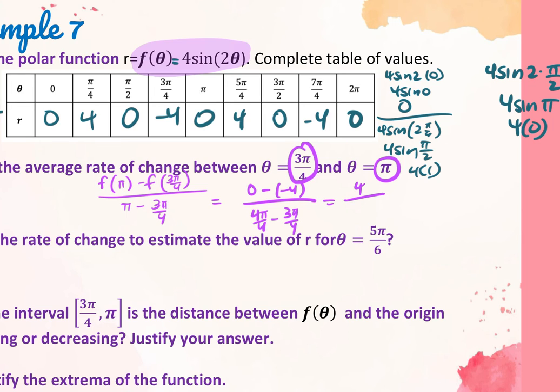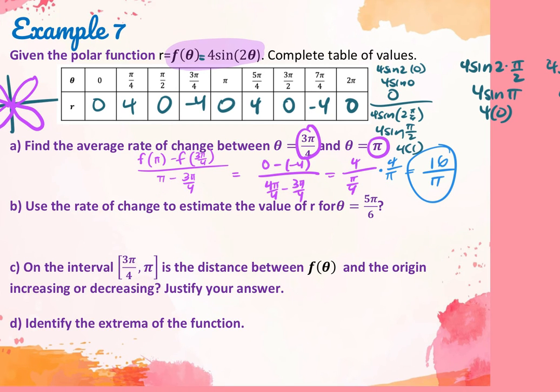And I get 4 over pi over 4. Then I multiply by 4 over pi, keep change, flip it, and I get 16 over pi. This is much more like the one on the homework that you have to do without a calculator. This is your average rate of change.